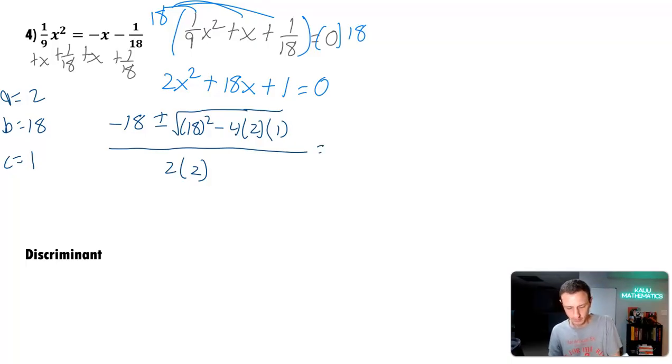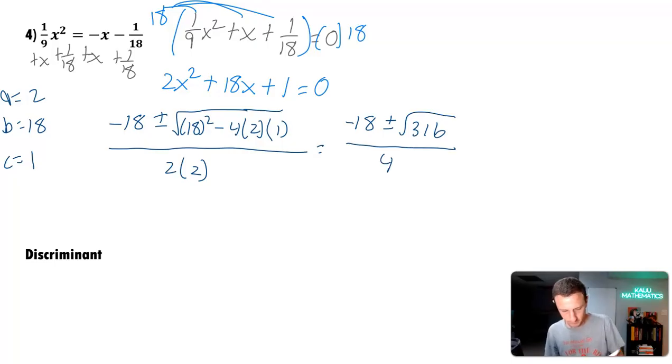Okay, so we got a little bit of a messy radical here. So 18 squared minus 4 times 2 times 1 is going to be 316, all over 4.